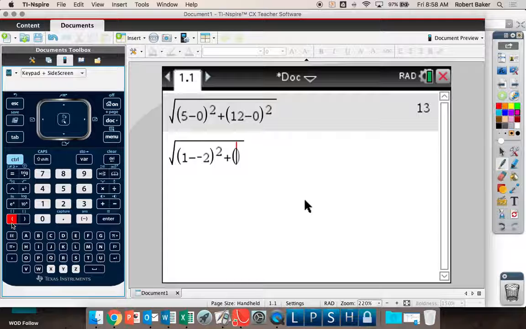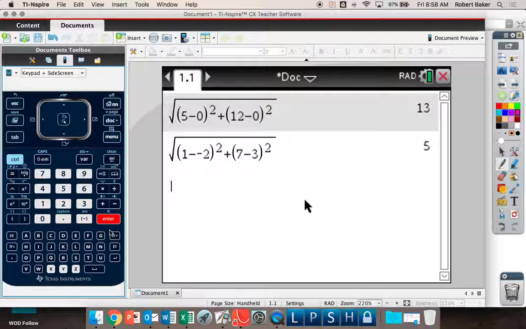What was the other one? 7 minus 3, close parentheses, squared. So if you type it in correctly and you have minus and negative, you can leave it just like that. It gives you back the number 5. That's what I was about to ask you. So we got square root of 25.